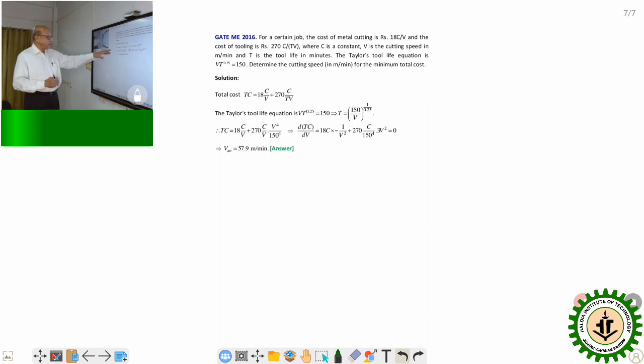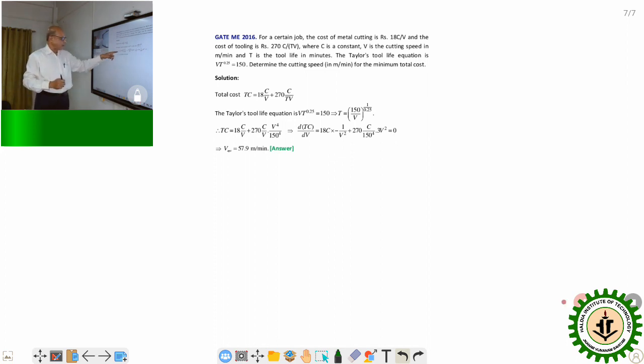From V T to the power 0.25 equal to 150, T is equal to 150 by V to the power 1 upon 0.25. So total cost becomes 18 C by V plus 270 C by T, that is V to the power 4 by 150 to the power 4. We just take the reciprocal here because 1 by T appears in this expression.